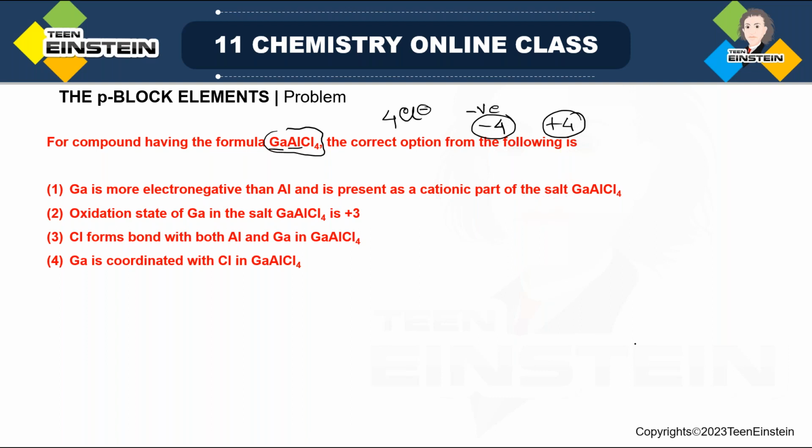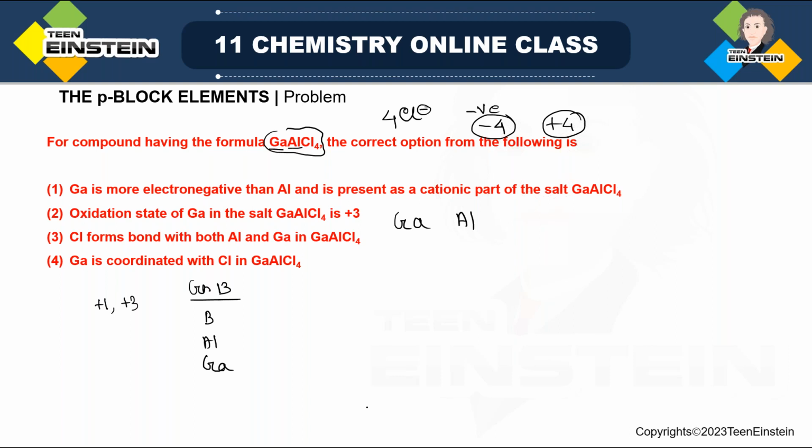Now this plus 4 charge, we will get from gallium and aluminium. Now see, if I write the group 13 elements, first is boron, then aluminium, then gallium. Remember, 2 types of oxidation state we observe for group 13: one is +1, another one is +3.